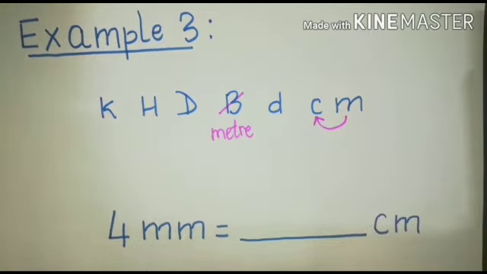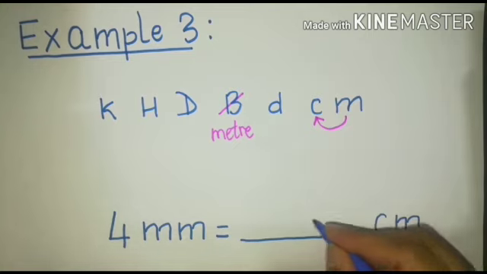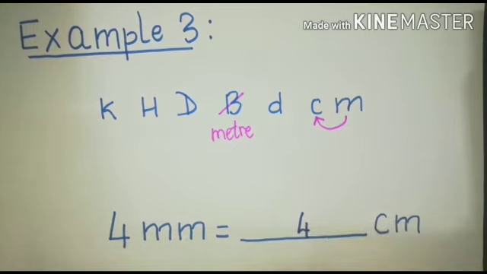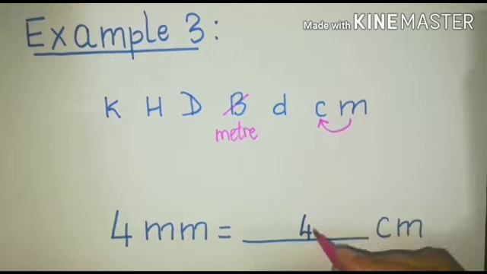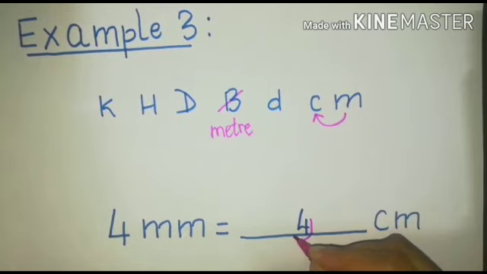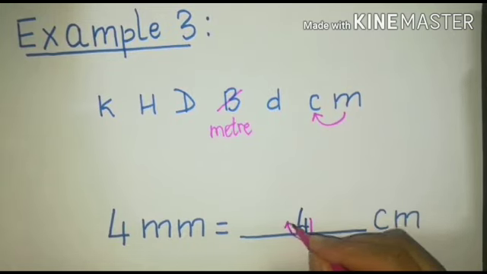Now, in my answer as well, I will write the original given number as it is. Since there's no decimal place, I have to assume that the decimal place is at the end of the number here. And I will move it backwards, just like I moved here backwards. So, one step backwards. So, the decimal place moves from the back of the number one step backwards here.